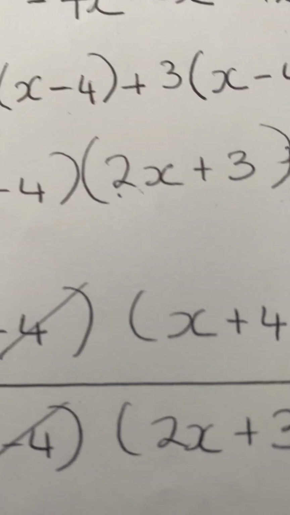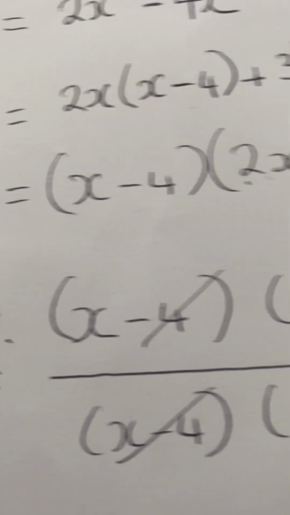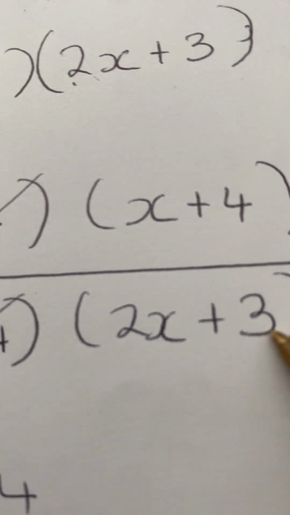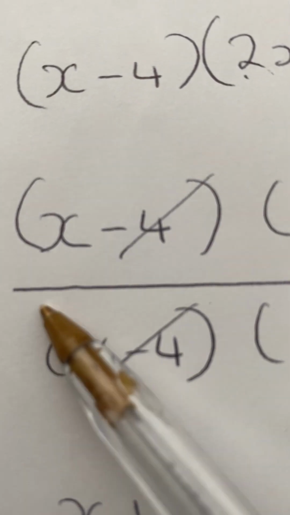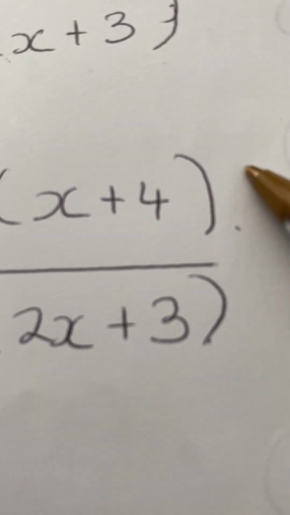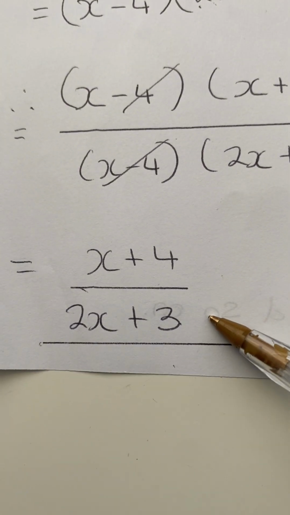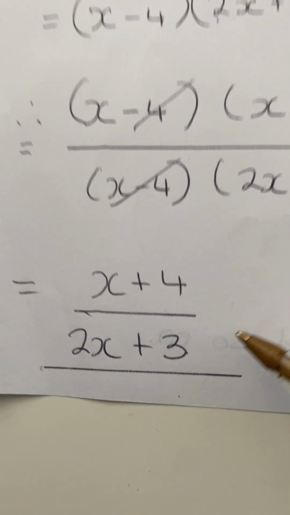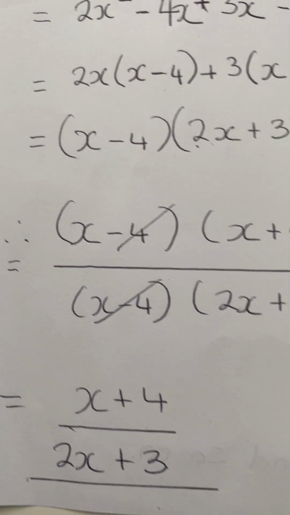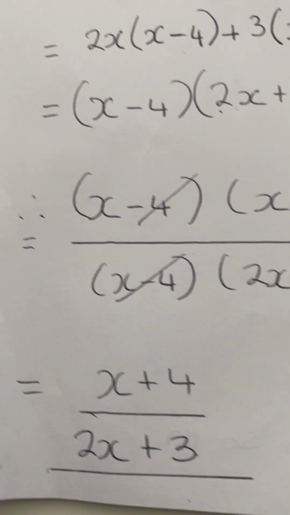So now our numerator becomes x minus 4, x plus 4, and our denominator becomes x minus 4, 2x plus 3. So straight away the x minus 4 cancels out. So you have x plus 4 divided by 2x plus 3. So that will be your answer. Okay, just by applying these few principles, you have got your answer there. You've simplified. Actually, that's what you've done.